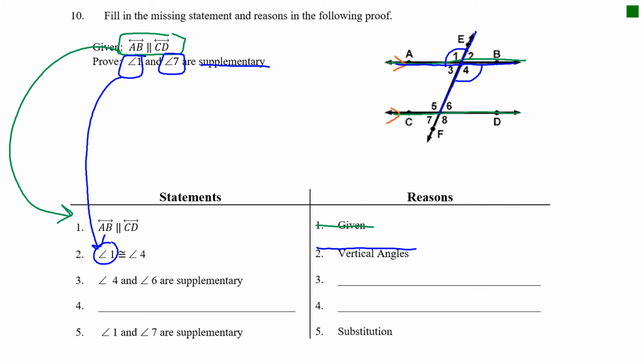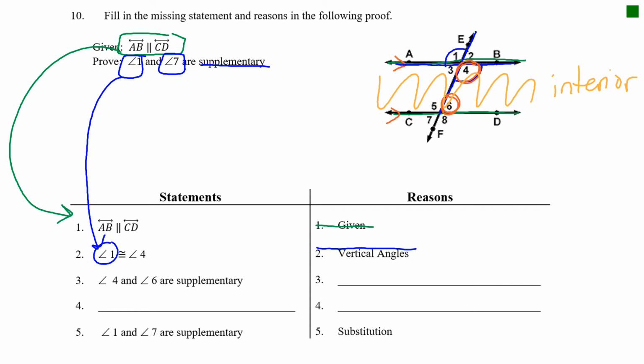Now, we're told that angle 4 and 6 are supplementary. So notice 4 and 6 are right here and right here. Before, we would color this and call this the interior. Notice that 4 and 6 are both in the interior, and they're both on the right side of that middle line of the transversal.